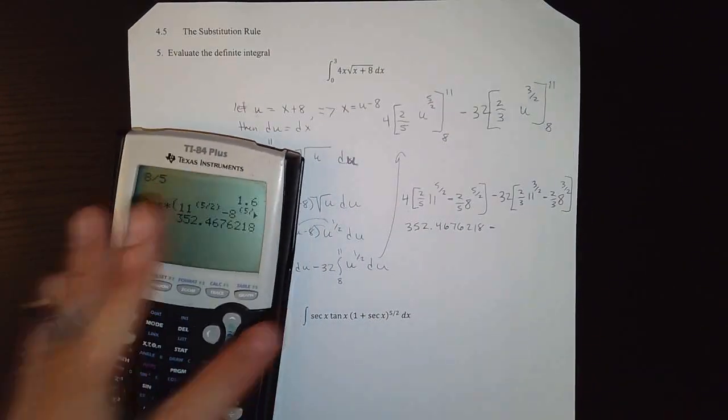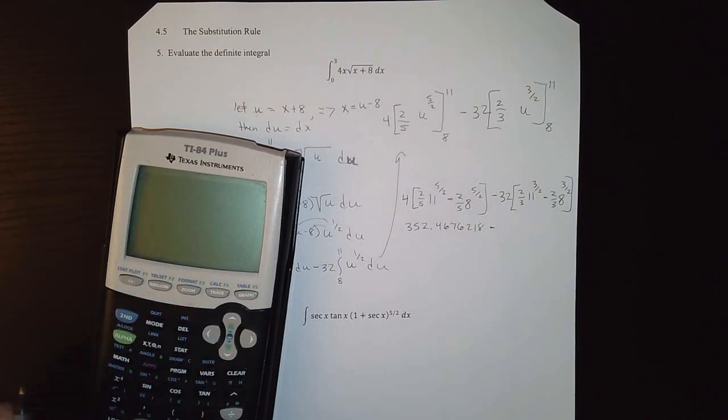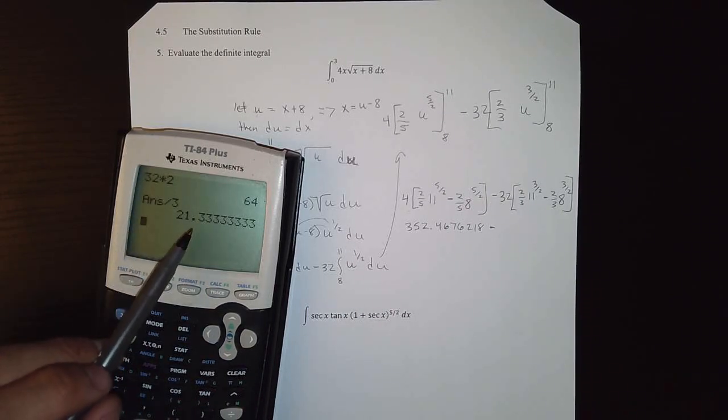and then for the next value, I'm going to do a similar scenario. I'll do 32 times 2 and then divide by 3. And this is our answer.